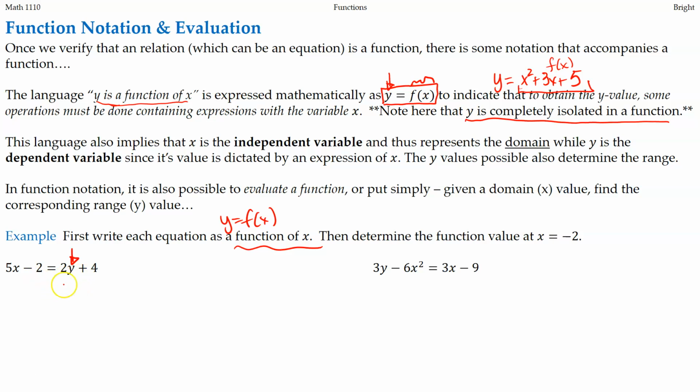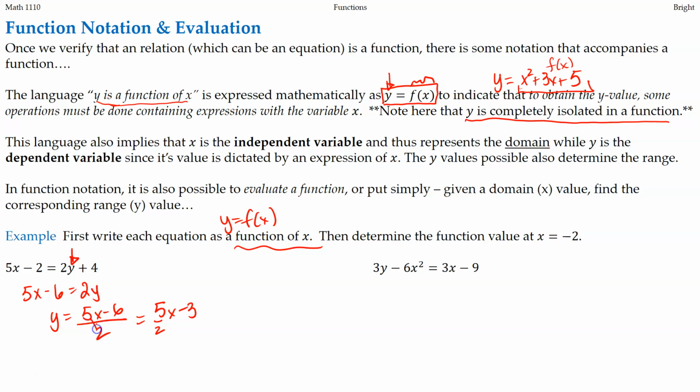So subtract 4, so I get 5x minus 6 is equal to 2y, and then divide by 2, so y is equal to 5x minus 6 over 2, and please do not say that this is 5x minus 3, right? If you want to say something, you can say it is equal to 5 over 2 x minus 3.